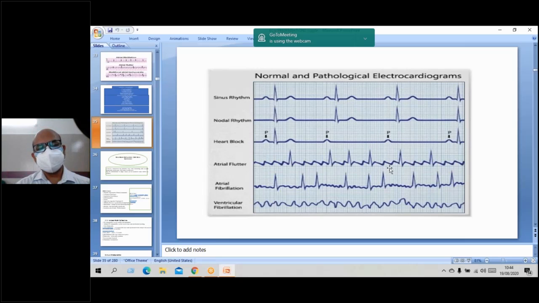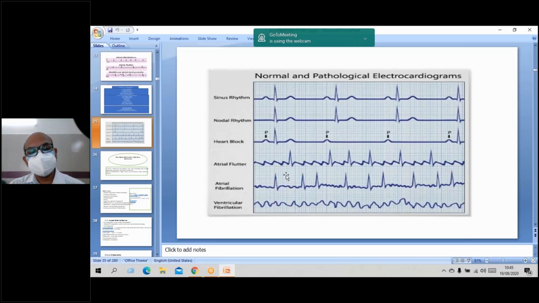Another is atrial flutter, already discussed, atrial fibrillation, already discussed, and ventricular fibrillation. Atrial fibrillation and ventricular fibrillation both have a chaotic pattern, but in atrial fibrillation the ventricle is not involved. For that reason the QRS complex is intact, so this is atrial fibrillation.